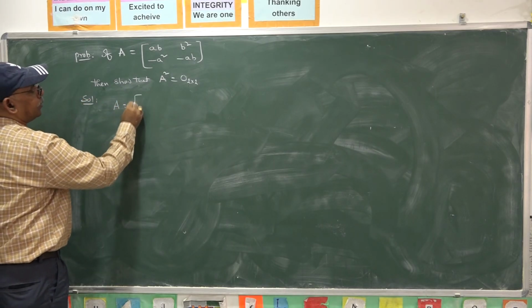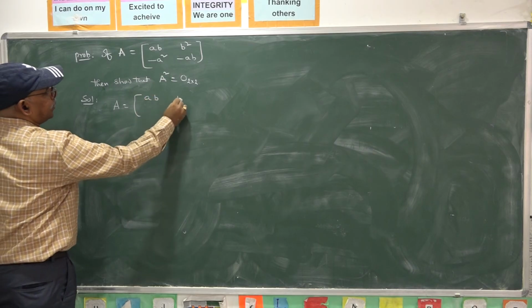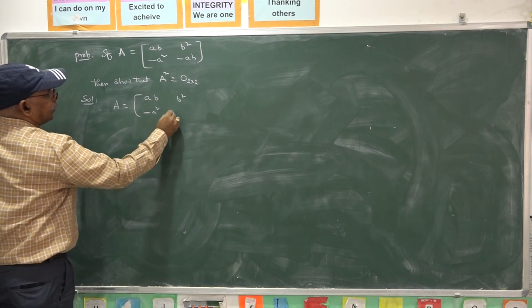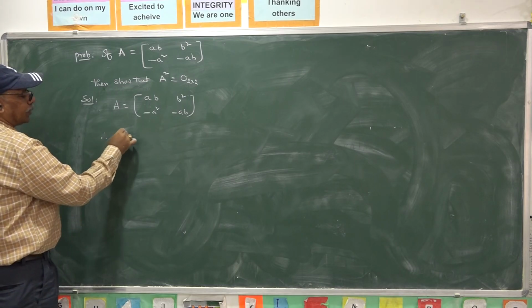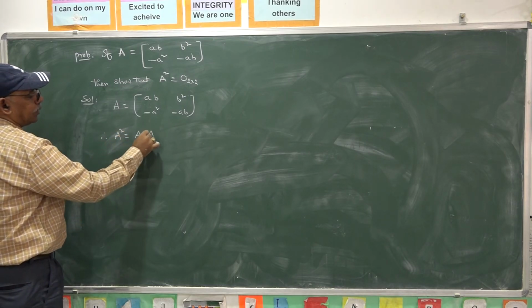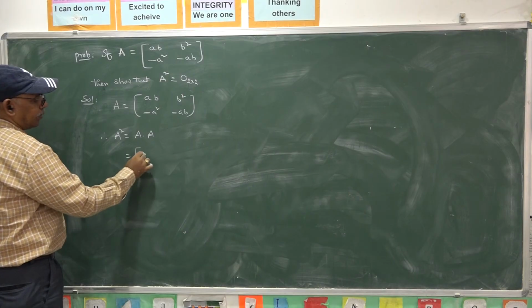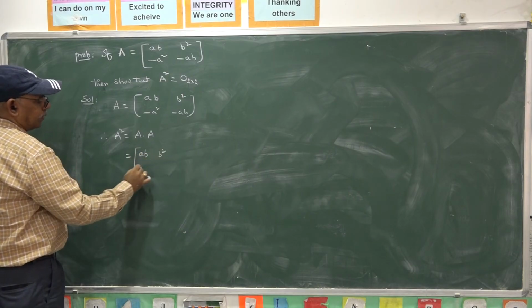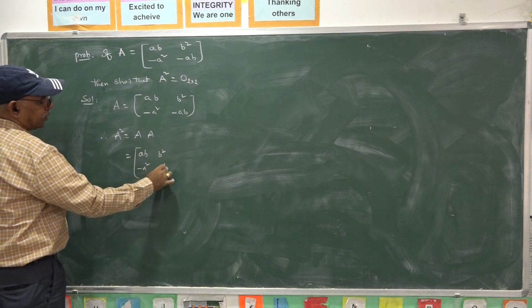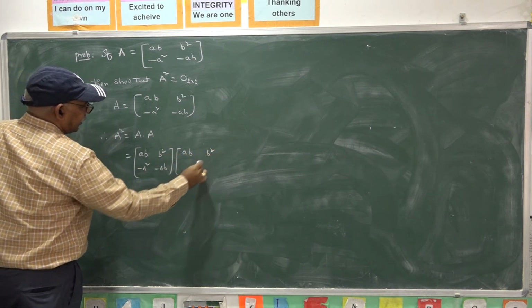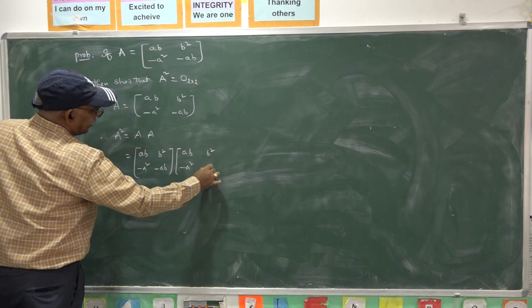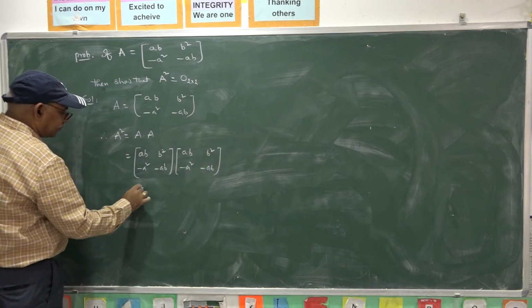So A is [AB, B square; minus A square, minus AB]. Therefore, A square is A into A, that is [AB, B square; minus A square, minus AB] into [AB, B square; minus A square, minus AB].